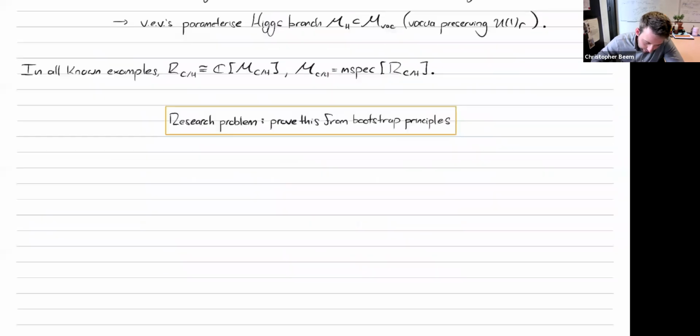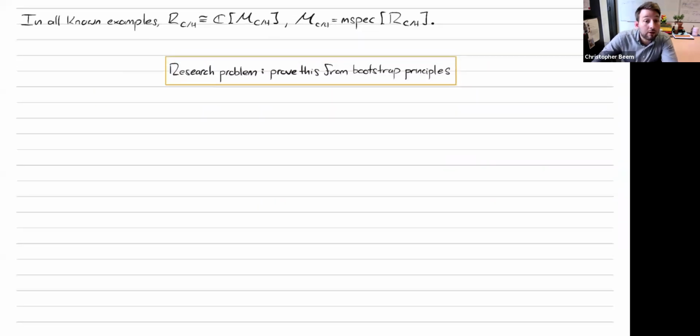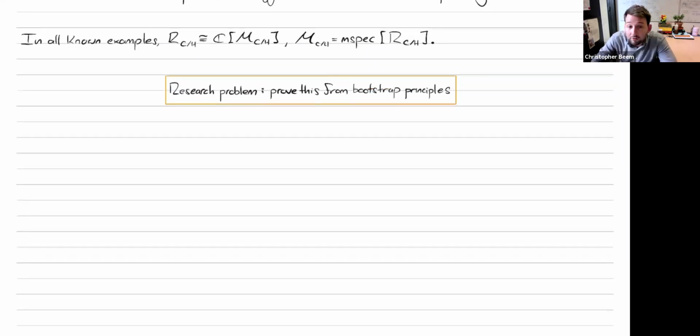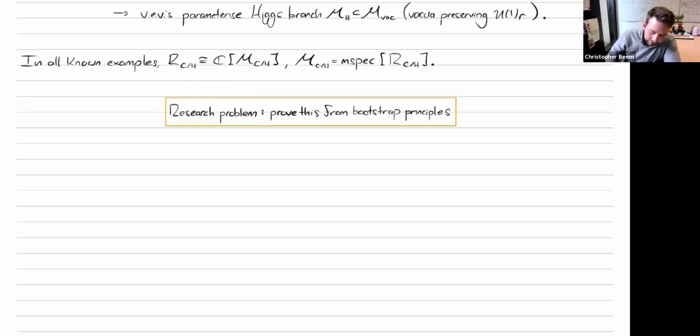And in all examples that we know about of 4D n equals 2 SCFTs, it's the case that these commutative associative rings or algebras, people use these terms a little bit interchangeably in the field, are the same thing as the ring of holomorphic functions on the relevant branch of the moduli space.